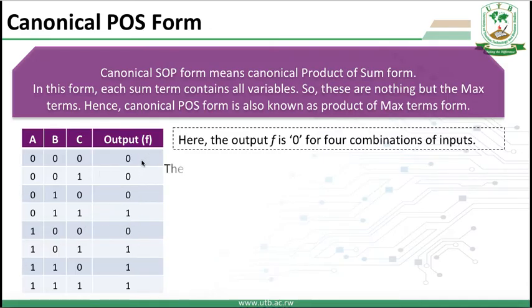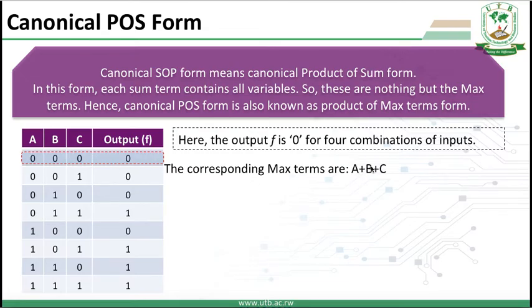So let's see the corresponding max terms, not min terms, for these input combinations. What could be the max term of this input possibility?